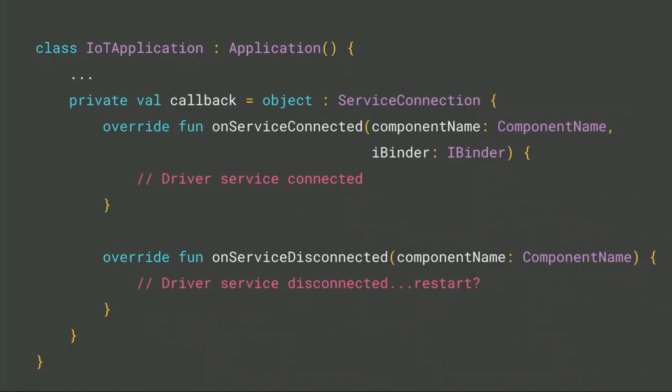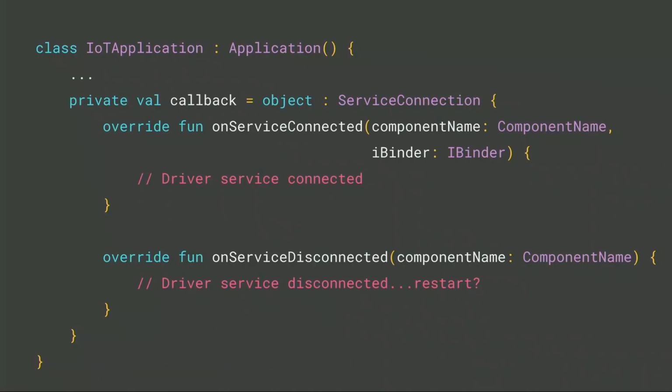In addition, with bound services, you also get this feedback mechanism coming through the service connection callback. So when you bind to a service, you provide this callback as a service connection, and when the service is up and running, you will be notified through the onServiceConnected method. So you know exactly when this is now something you can interact with or communicate with if you need to.